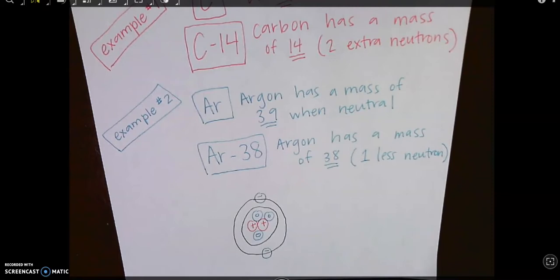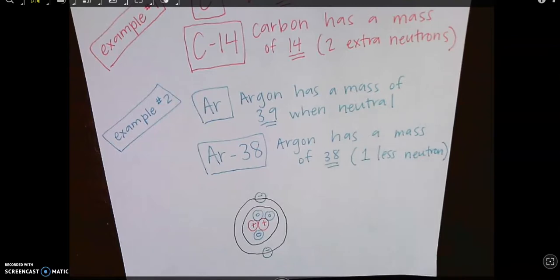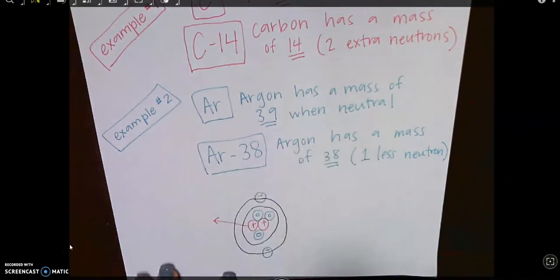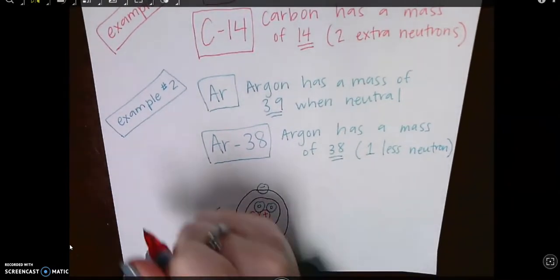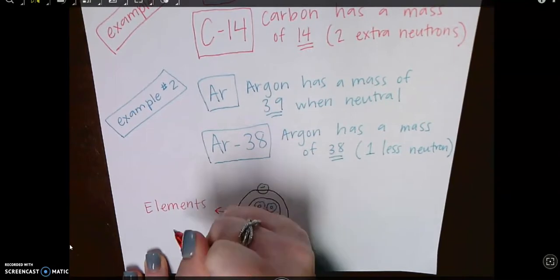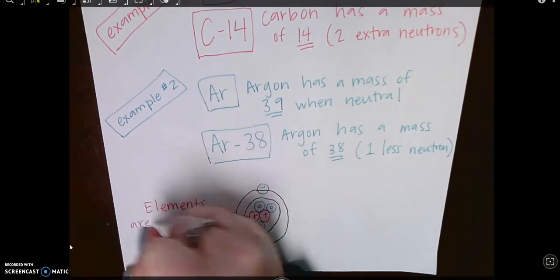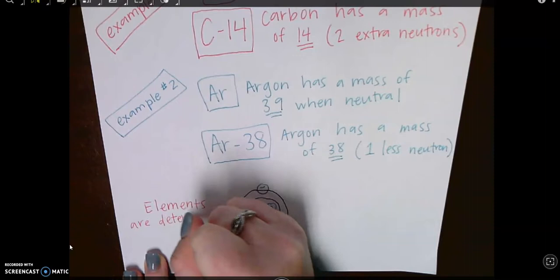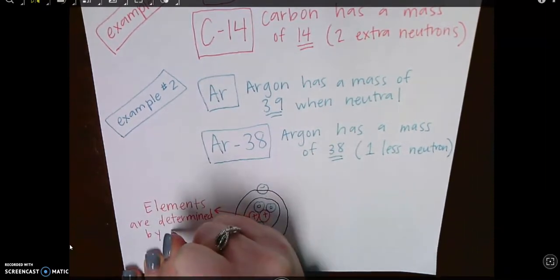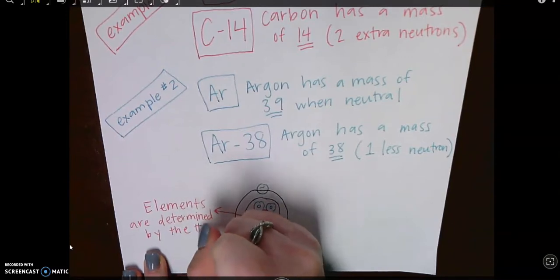So let's use this to talk about the difference between how the protons, neutrons, and electrons impact how we see the atom. So let's start with protons. We know that protons are going to affect the identity of an atom. So elements are determined by the number of protons.